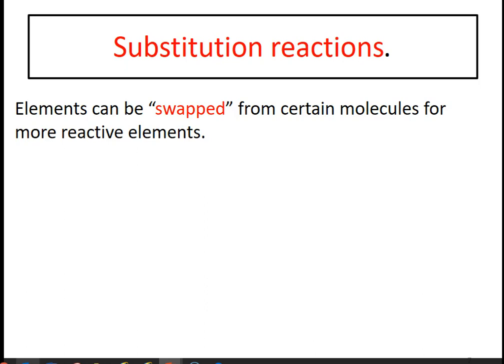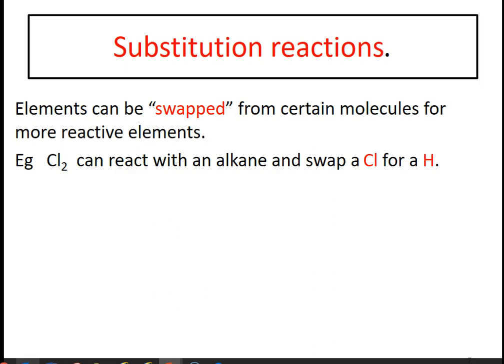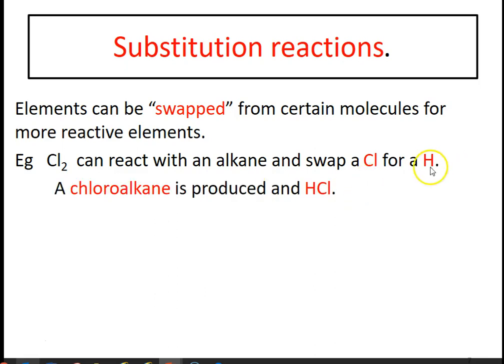So substitution means swapping. In the textbook it goes into all of the chemistry of why they swap, which you can read about and understand, but basically you're going to swap a hydrogen for a chlorine in the first step.